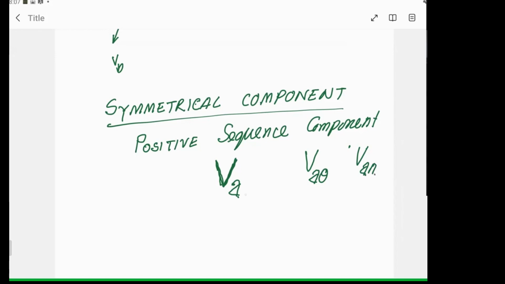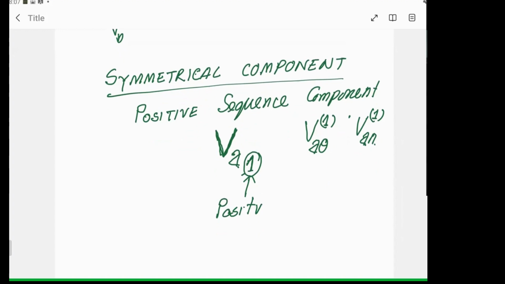And then the number 1 here indicates that this component belongs to the positive sequence. This is a standard representation, and we need to remember it.